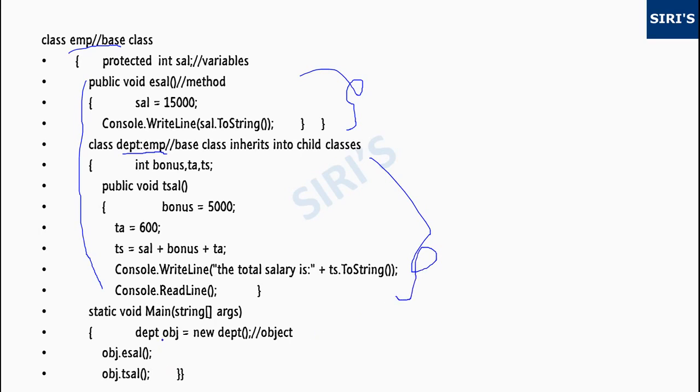Using this we create an object obj for eSal and eHs, which will write the method from here, and the eSal method will be called from here, which will display the salary values and the total salary value in a string, so that the output is seen.